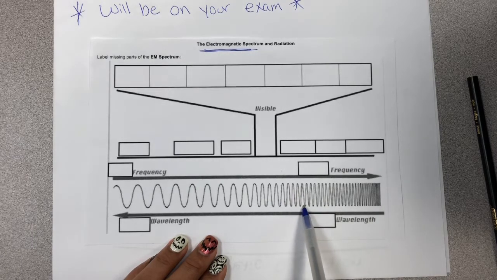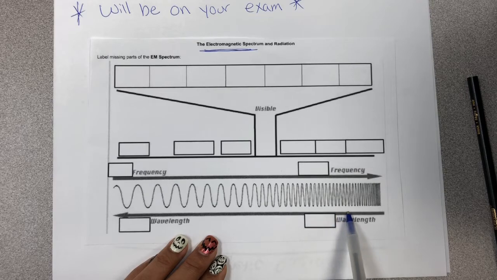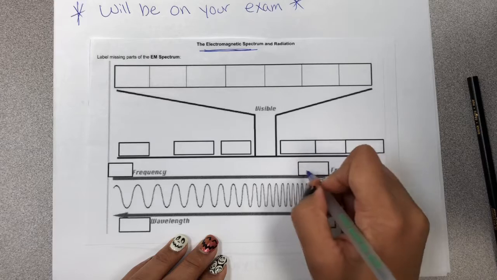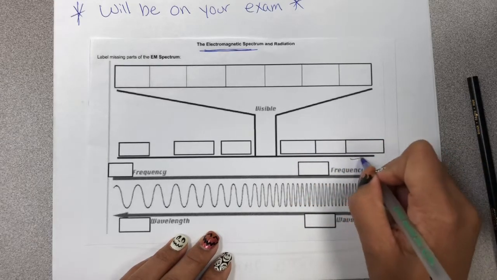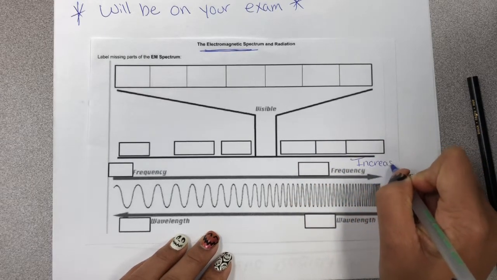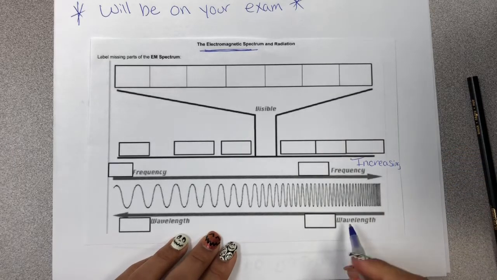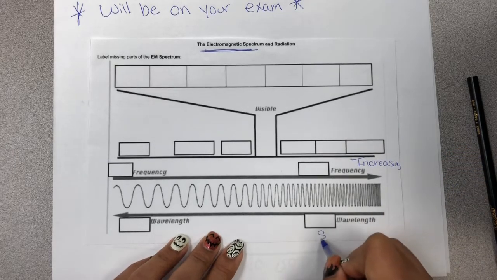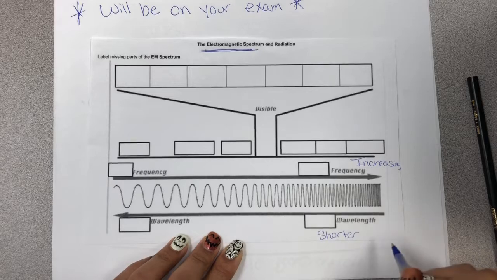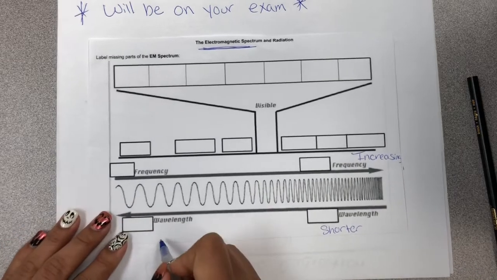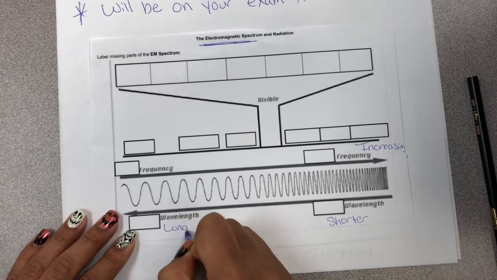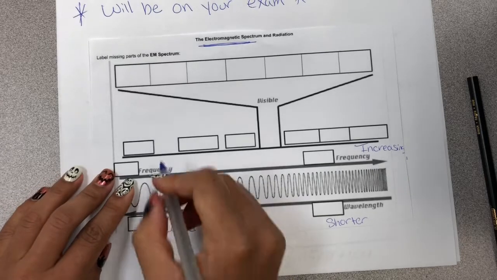And the distance between each wave is tighter and tighter and tighter, so this wave frequency is actually increasing. So I'm going to write it over here. It's increasing. And the wavelength is getting shorter. Okay, so that means the opposite over here. It's getting longer. And the frequency is decreasing.